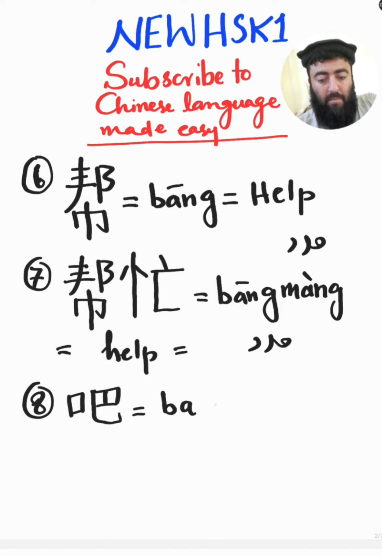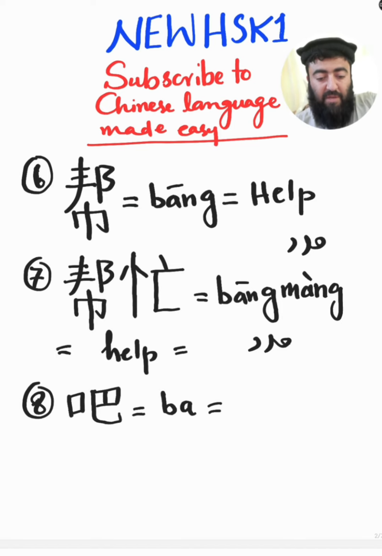Word number 8 is ba. It is a word or particle or an auxiliary in Chinese language, and this is used for suggesting something to someone.